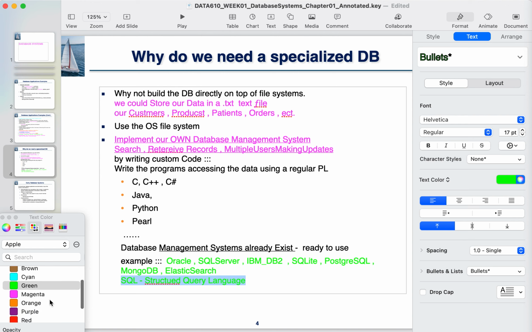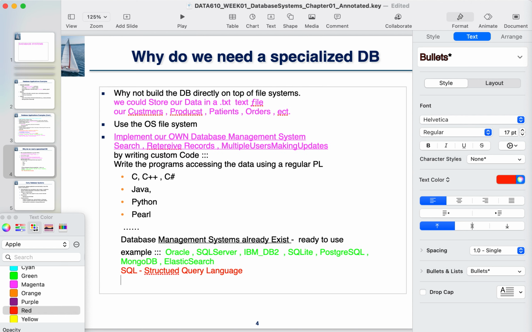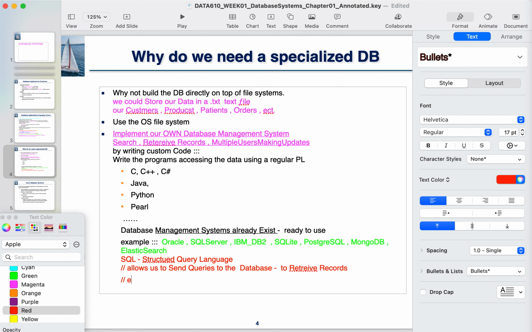This is a language that allows us to send queries to the database to retrieve records. For example, give me all customers of age 27 or bigger.